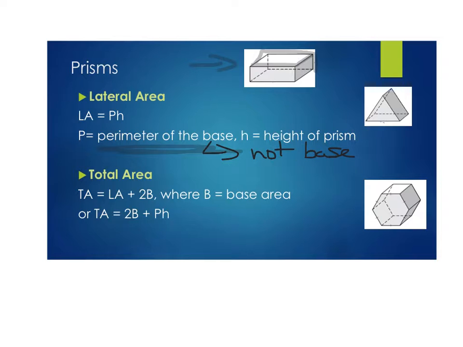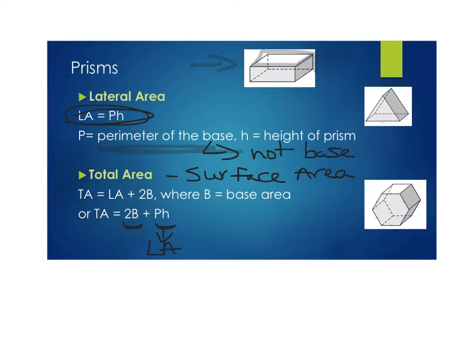Then for the total area or surface area, and these two words are going to be used interchangeably, you would take the lateral area plus the two bases. So you'd find the area of the top and the bottom and add it to the lateral area. Or you can also say 2 times the base area plus pH. And remember, pH is up here.